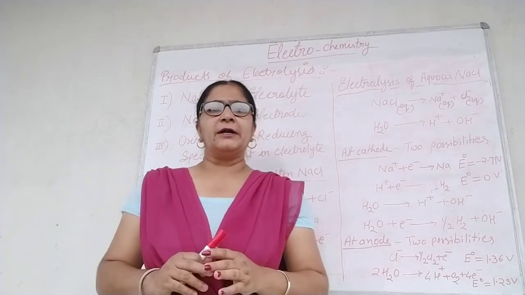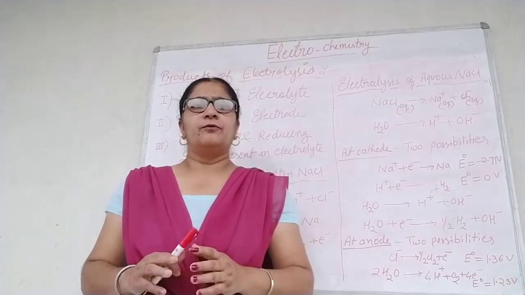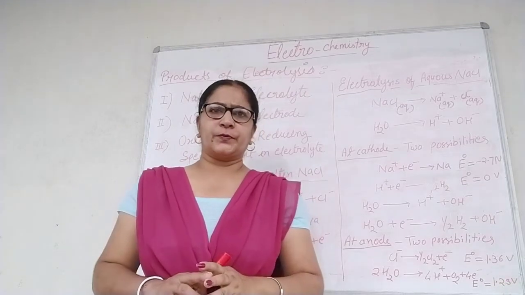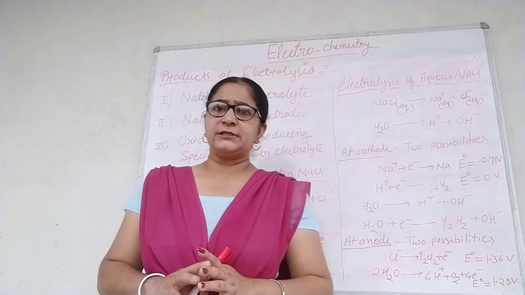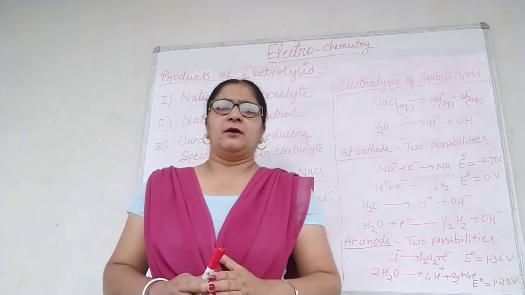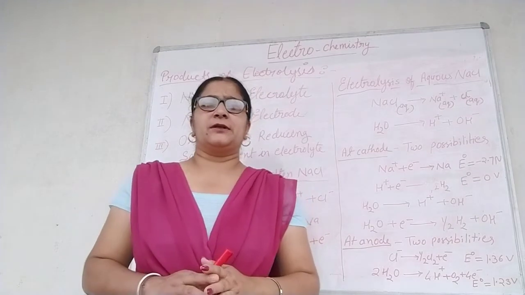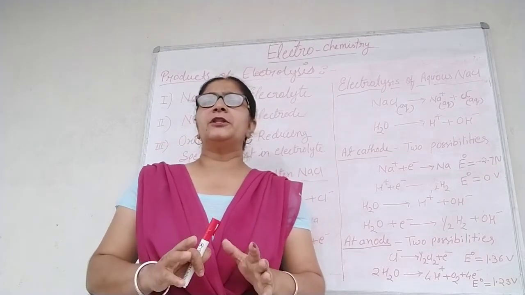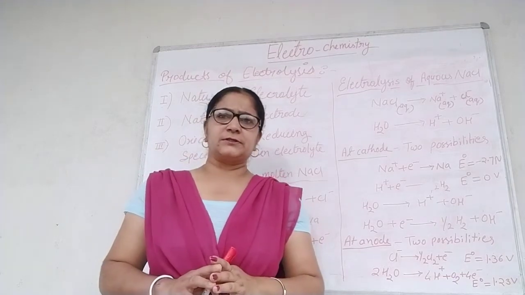But apart from that, there are few reactions which are kinetically very slow at the particular voltage, and to make it feasible we need overpotential. So such reactions do not occur during the process of electrolysis.